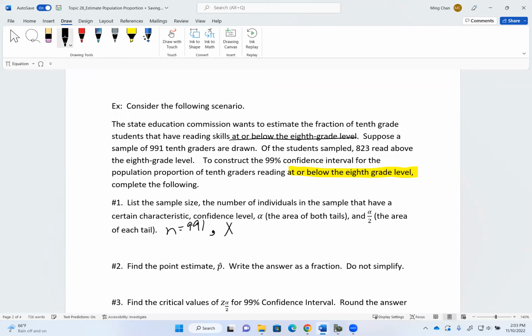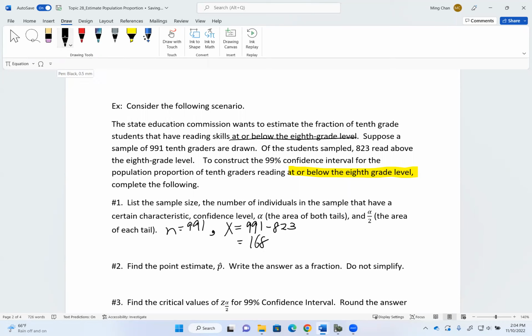So the x will be the people with the same characteristic, so that will be 991 minus 823, because this question is about estimating the proportion of students reading at or below. If I subtract the students that read above 8th grade level, I should get 168.